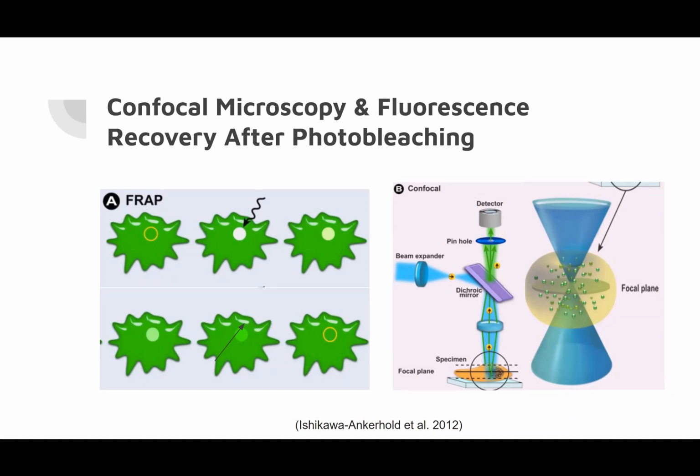Then FRAP is utilized to avoid photobleaching or damaging of the fluorophore. And that happens through selecting a region of interest and then bleaching it with an intense beam. Then the recovery is measured over time.